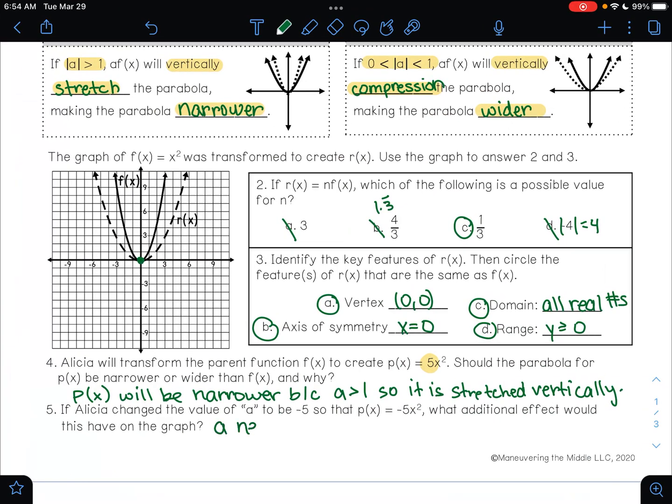So a negative a value causes a reflection about the x-axis.